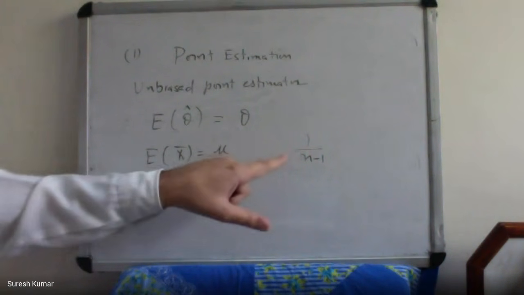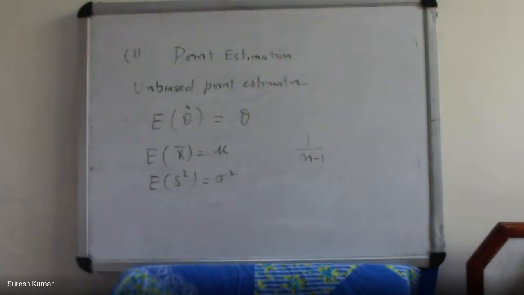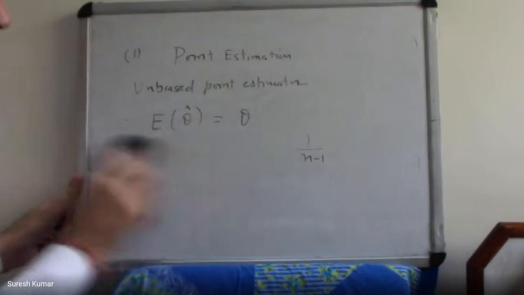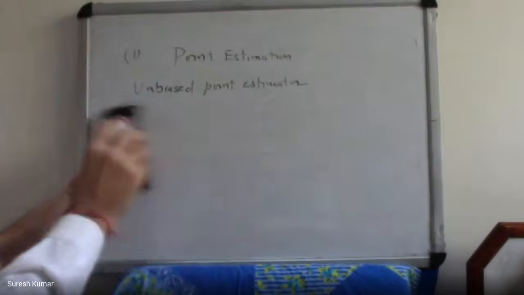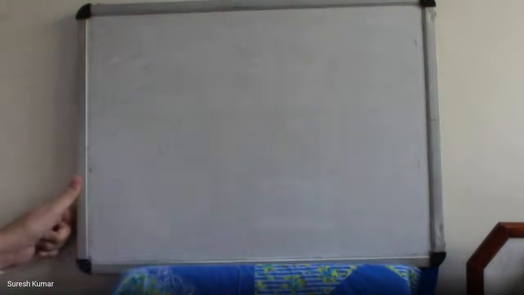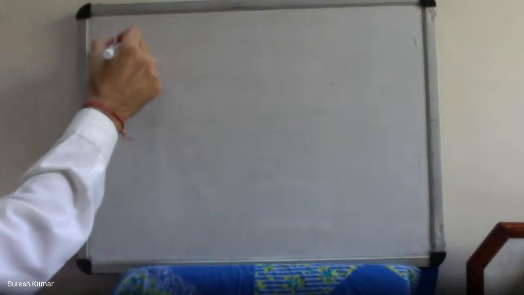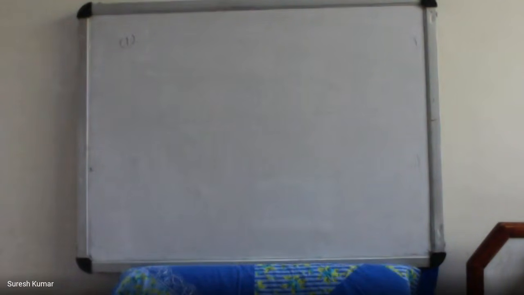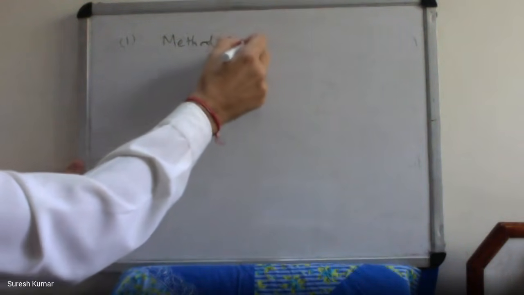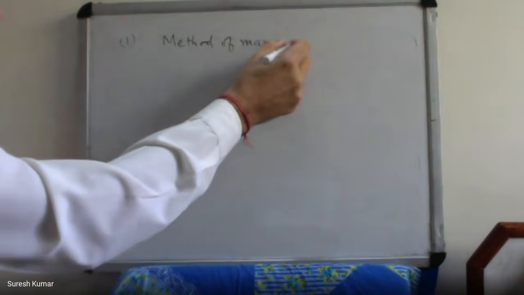Because if we divide by n minus 1, we get unbiased point estimator for the population variance from S square. So this is unbiased point estimator that we denote with the cap symbol. Now let's see the methods of point estimation. First method, that is method of maximum likelihood.